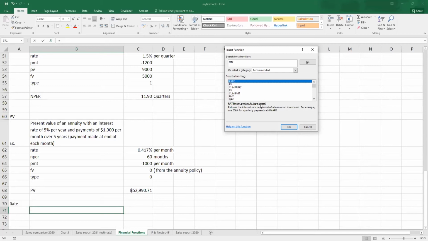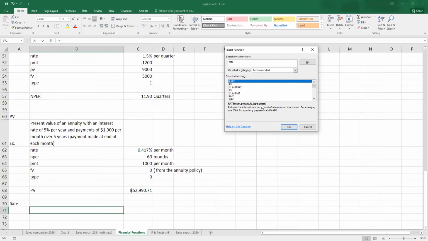For example, if last year it was 0.2%, you may put the guess value as 0.2% as well, so that it can calculate faster. But if you don't know, you don't need to enter anything because Excel will calculate by itself anyway.